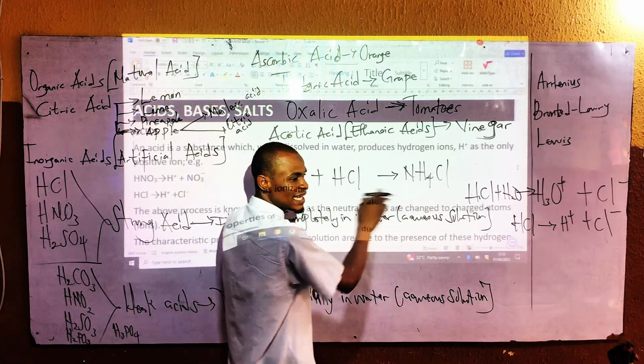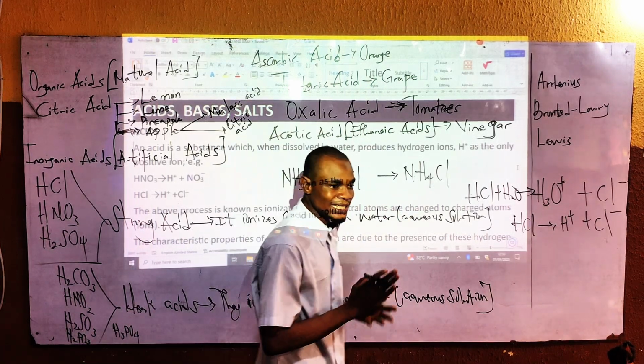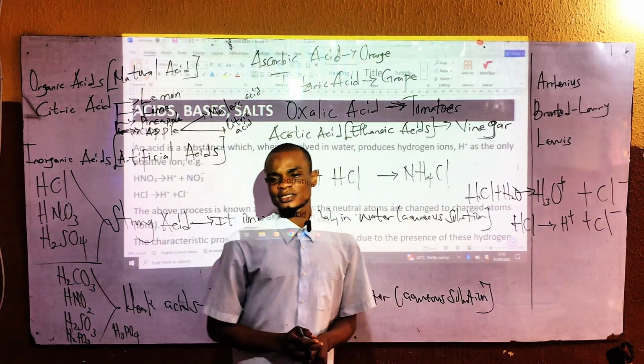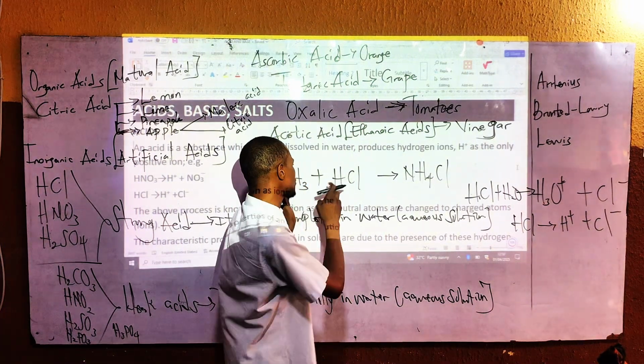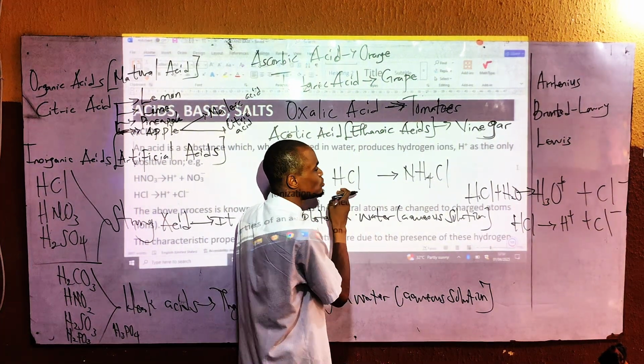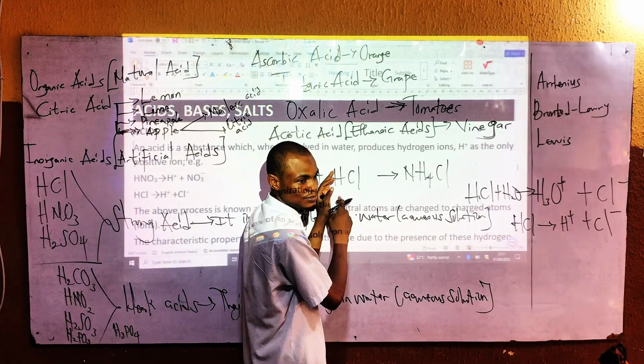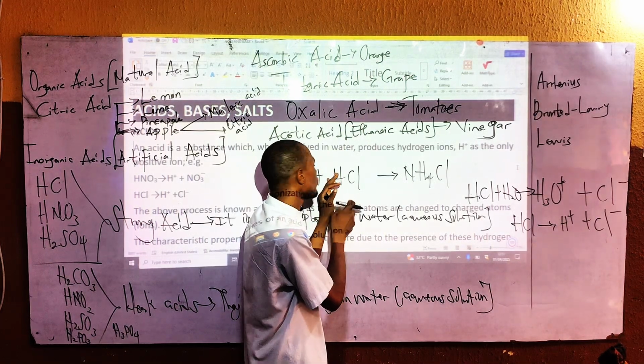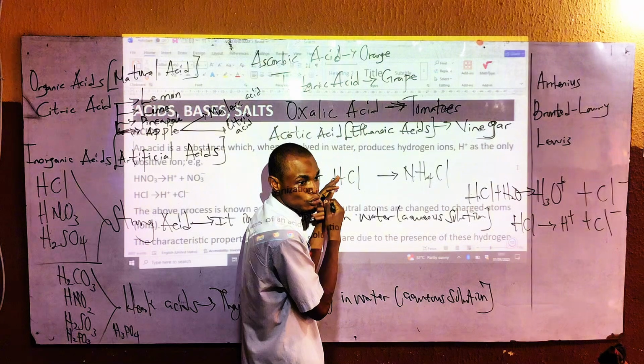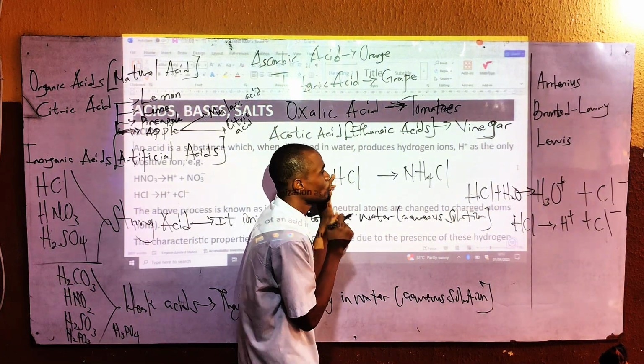NH3 accepts a proton, which is a hydrogen ion, and HCl gives it out. HCl is an acid because it is giving out a proton, while NH3 is accepting the proton, the hydrogen ion. So a base is a what?